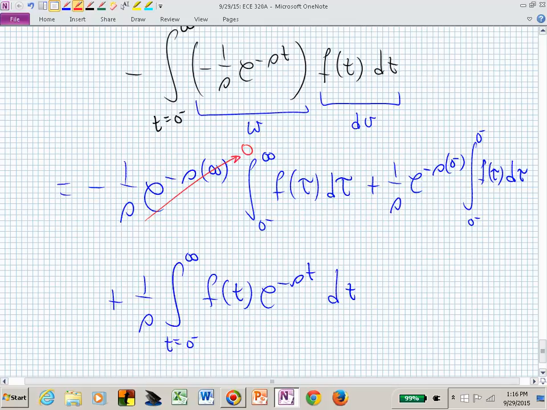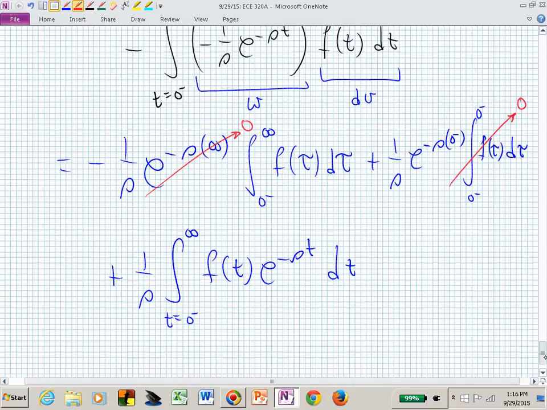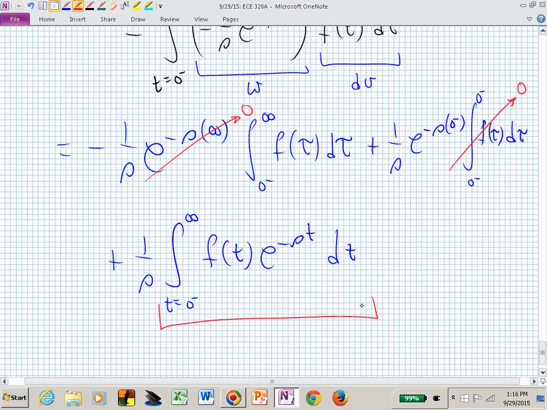What's the integral from 0 minus to 0 minus? 0. There's no area underneath a 0 width. And so the top two terms have vanished. What does this look like?